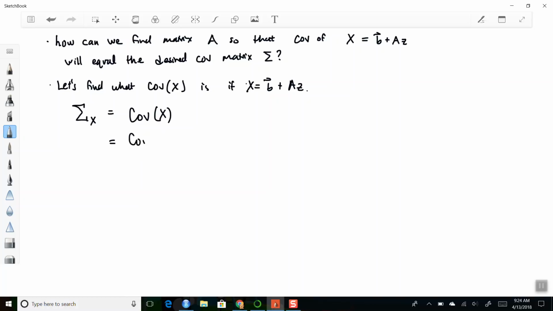And so this will be the covariance of b plus our a times z. Okay, so b being a constant has no influence on the covariance, right? So this just becomes a times z, right? b is a constant. That's just added.